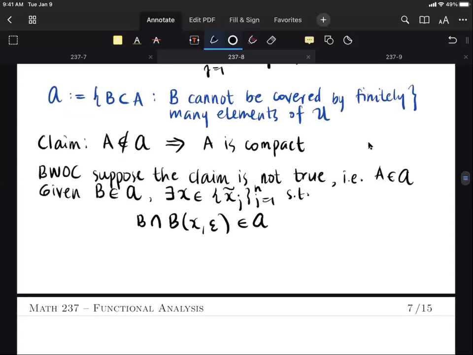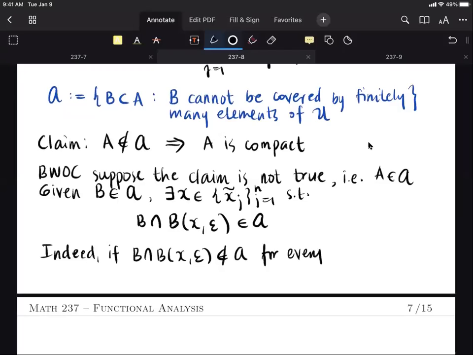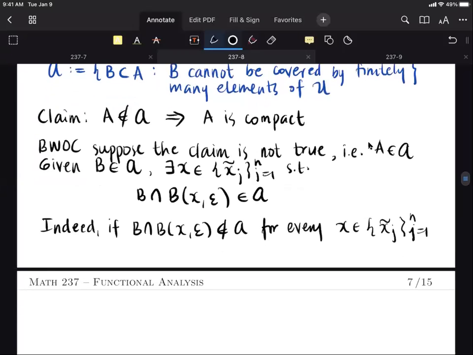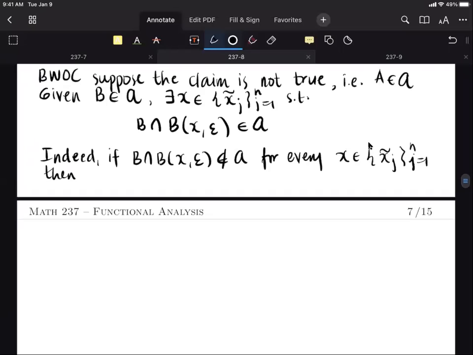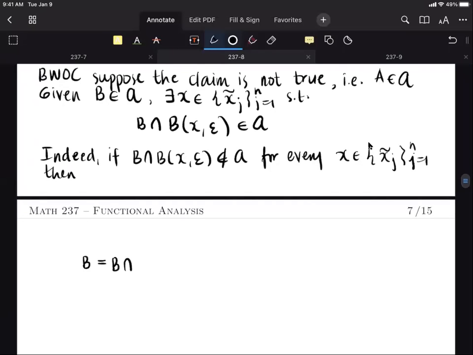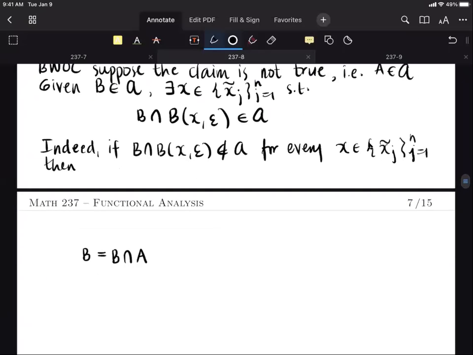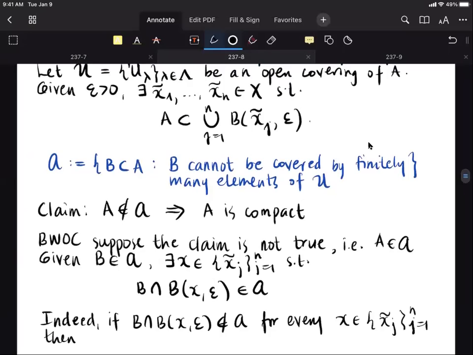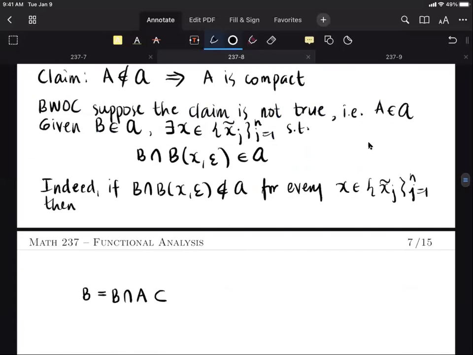Well, to see this, indeed, if this is not the case, in other words, if this is not in script A for every x in this collection of centers, then we can write first B as B intersection A. Take note that B is a subset of A, therefore B intersection A is the smaller set, which is B. And take note that A is a subset of this one.